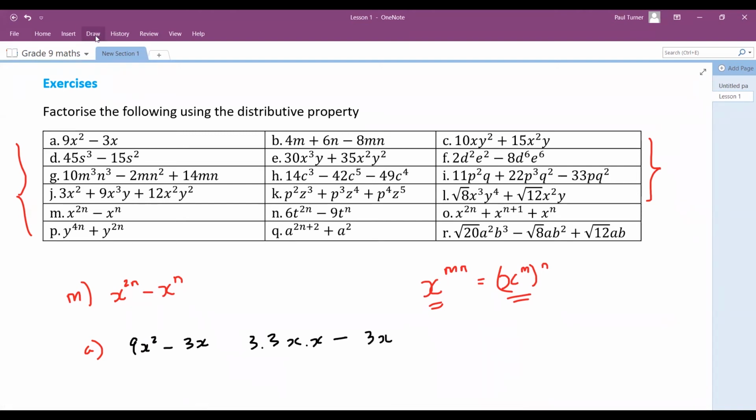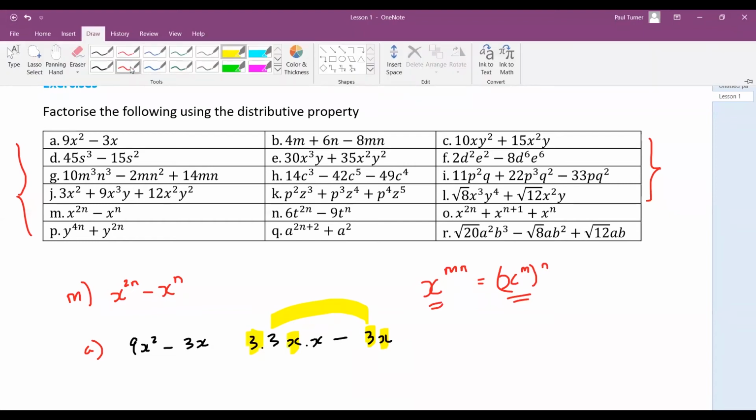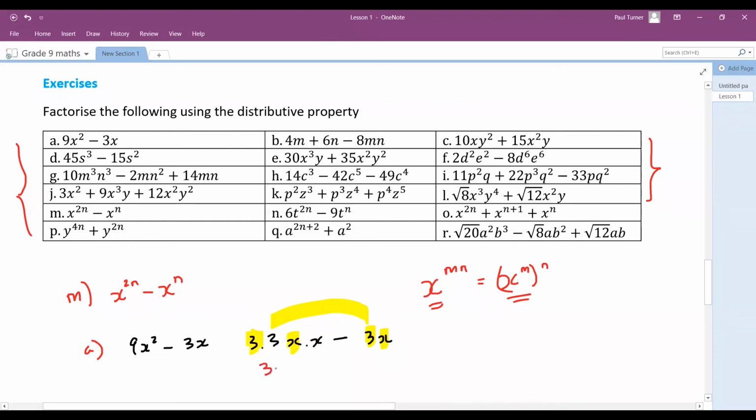So look for your common factor, which is 3, x, x. So we try to match. So 3x will be your common factor. And I'm left with 3x here. And 3x is completely taken out. You must put 1 here. Don't leave it blank. Because 3x times 1 is 3x.